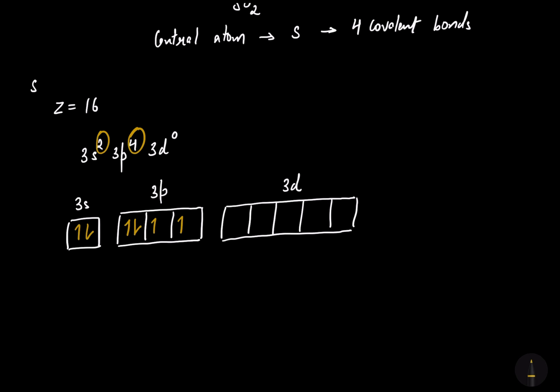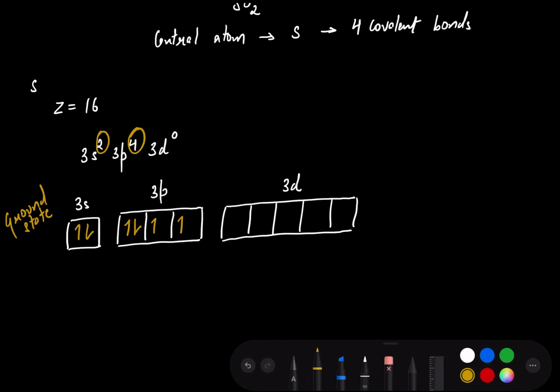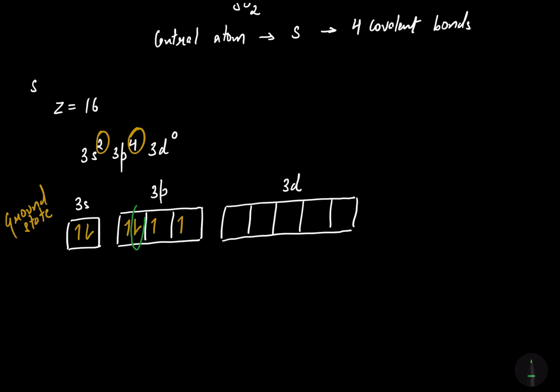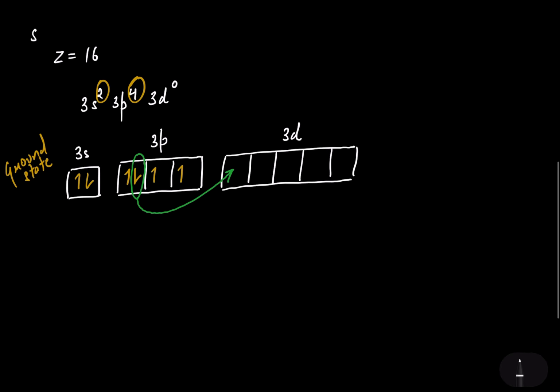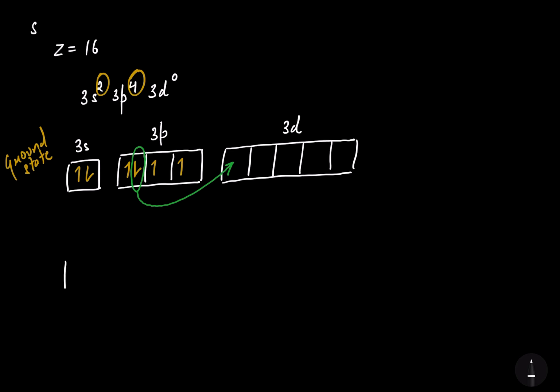So first of all, this is the ground state, and in the ground state, the electron that was filled last will excite to the next orbital. The last electron we filled in this electronic configuration is the 4th electron of 3p, which will excite from 3p to the 3d orbital. So we are going to make the excited state over here. I'm again making the orbital diagram in the form of boxes.